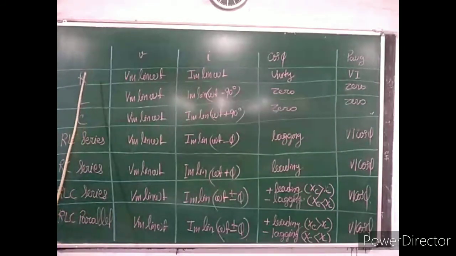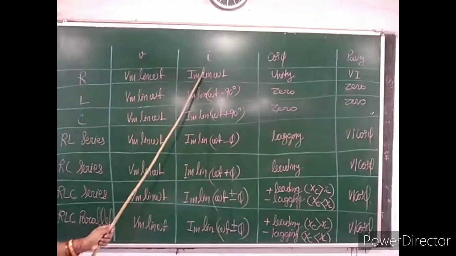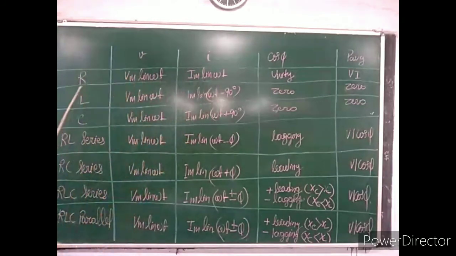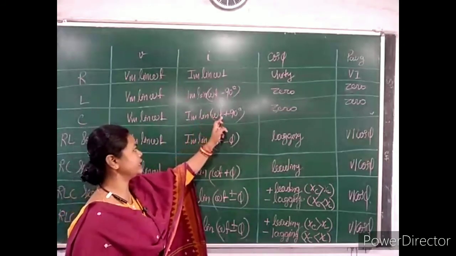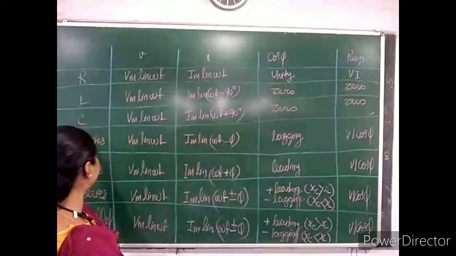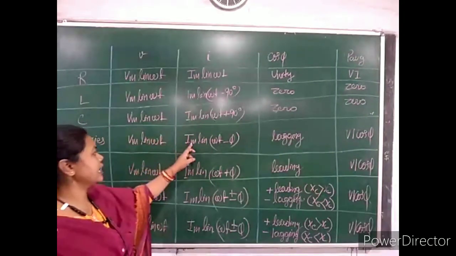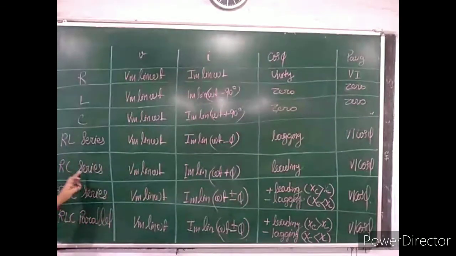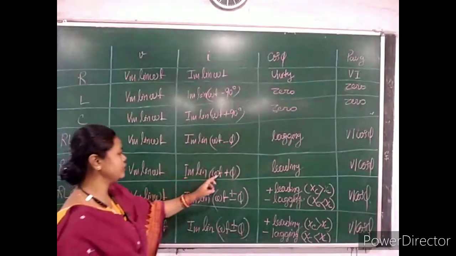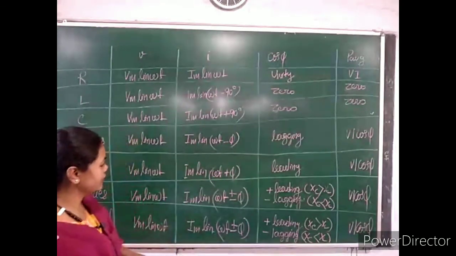If the circuit is purely resistive, current is Im sin omega t. If it is inductive, current is Im sin(omega t minus 90 degrees). And if it is capacitive, it is Im sin(omega t plus 90 degrees). For RL series, it is Im sin(omega t minus phi). For RC series, Im sin(omega t plus phi).